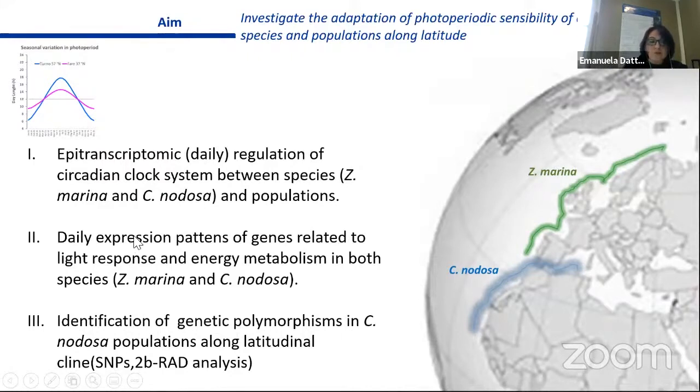Then we would like to define the daily expression pattern of genes related to the light response and energy metabolism in both species, to see if there are differences in the usage of energy of the plant. And then the other goal was the identification of genetic polymorphism in the species Cymodocea nodosa, looking at the SNPs in populations collected along the distributional area of this species.